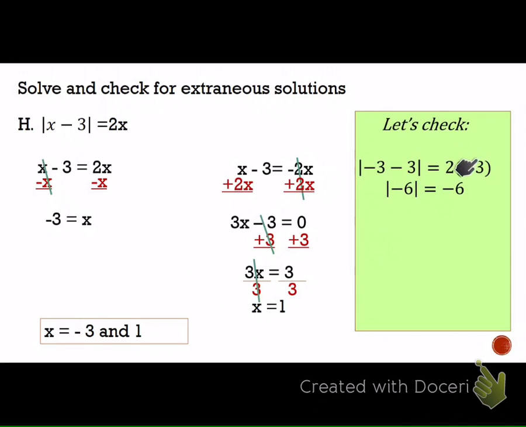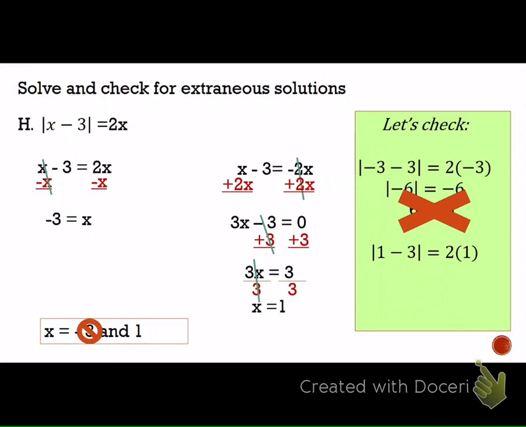What is 2 times negative 3? Negative 6. But I don't have an absolute value over here. So can I magically make them both positive 6s? No. Is this a solution? No. Get rid of that. It might not be no solution because we still have the 1 to check. But we're definitely going to limit our solutions here.